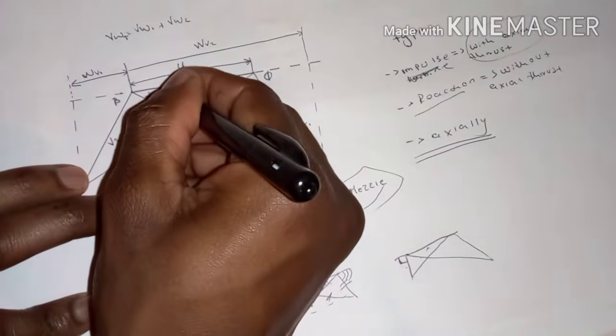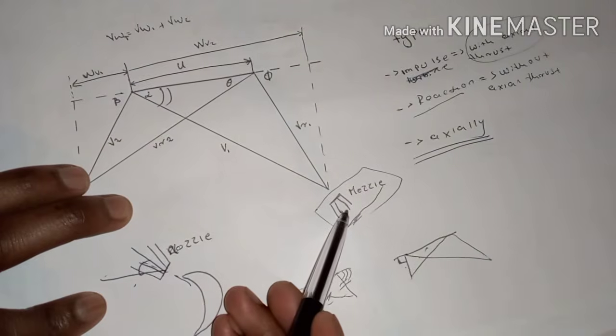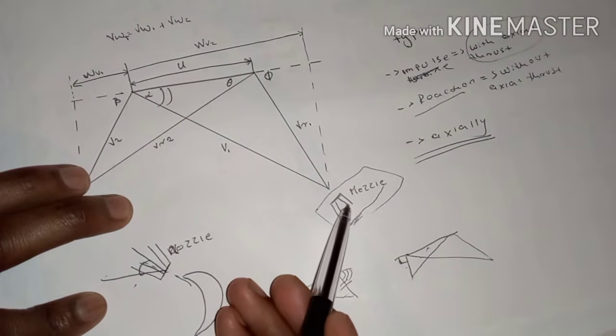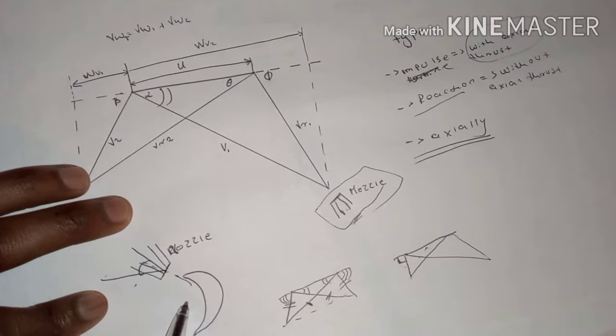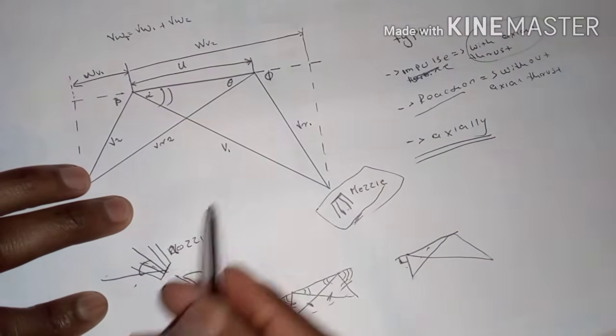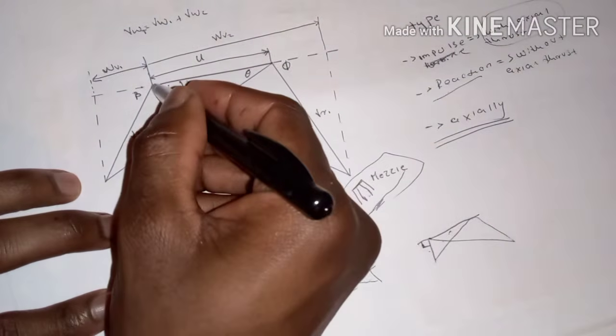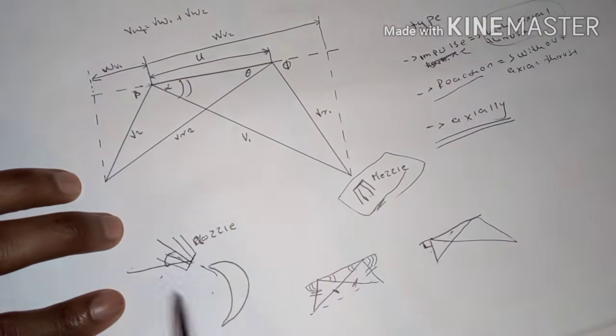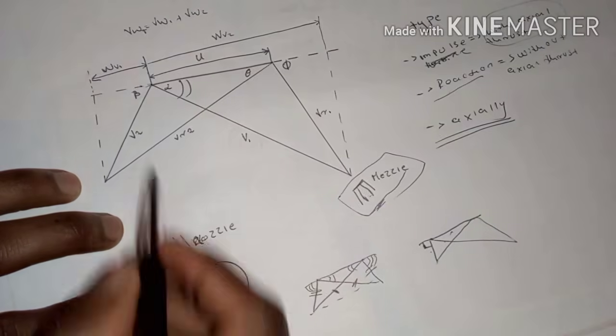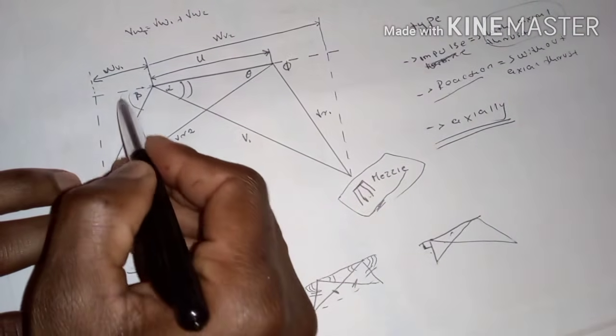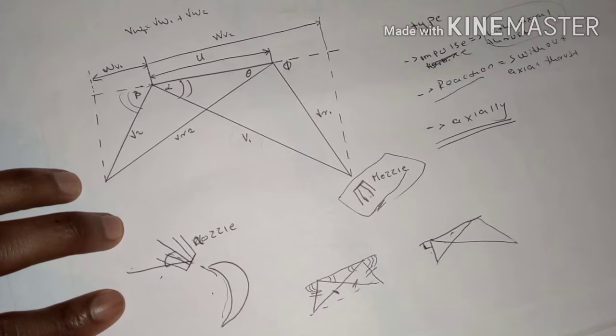It enters the blade at velocity V1, which is the speed of the steam as it leaves the nozzle. After gliding through the blade, it will leave the blade at velocity V2.